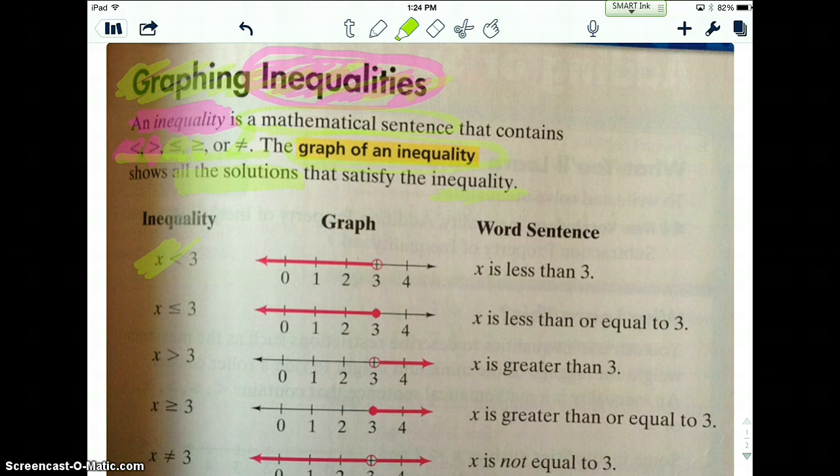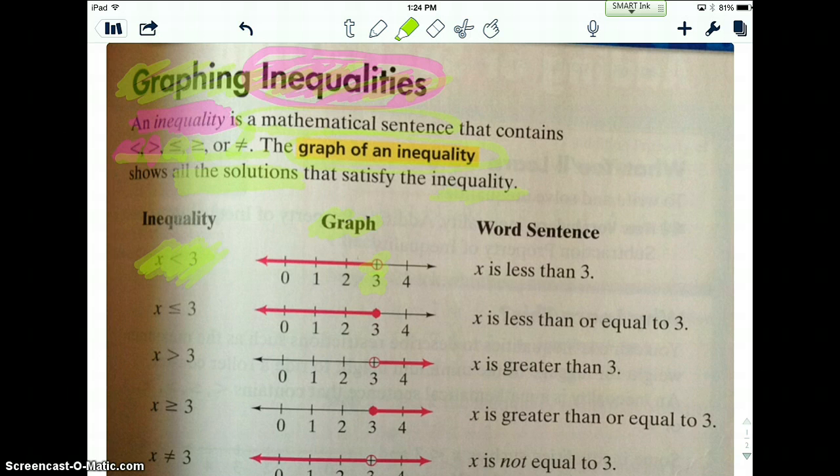In the first one, we're given an inequality, x is less than 3. When we graph what that means on a number line, you can see our special number here has a dot on it, but it's not shaded in, and that's super important to see. Because in this case, our solutions have to be less than 3.